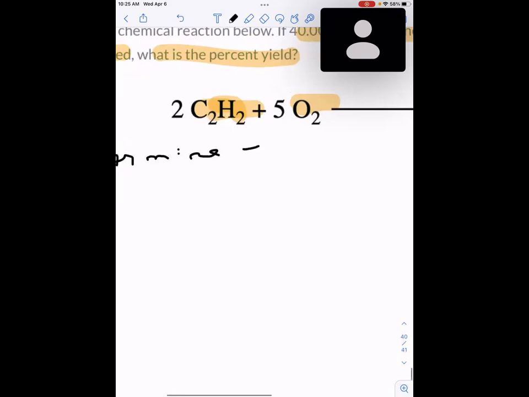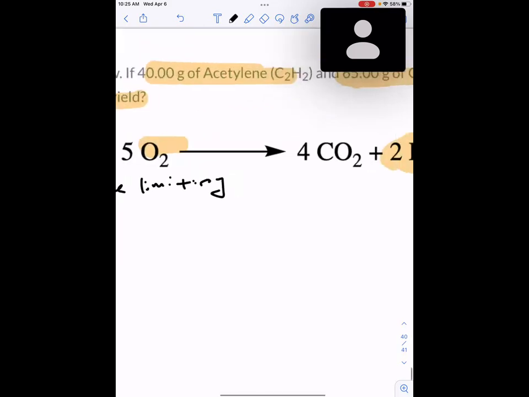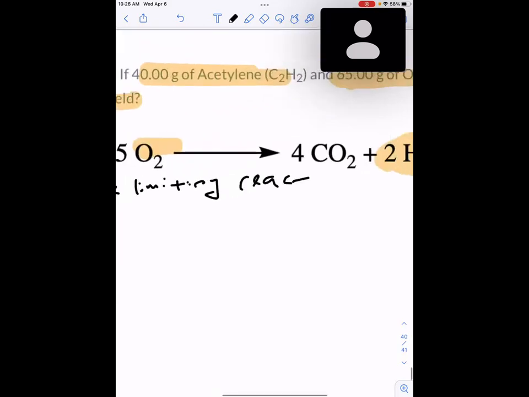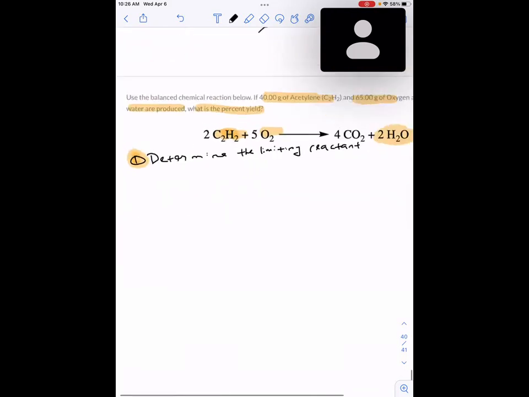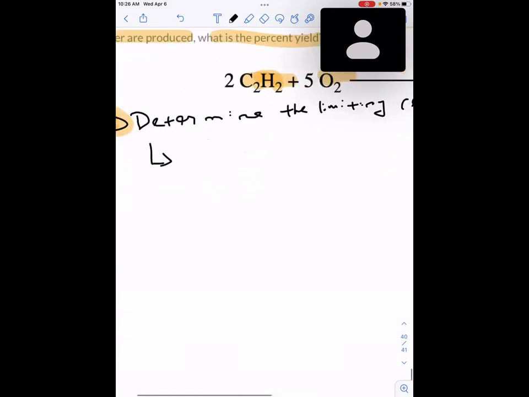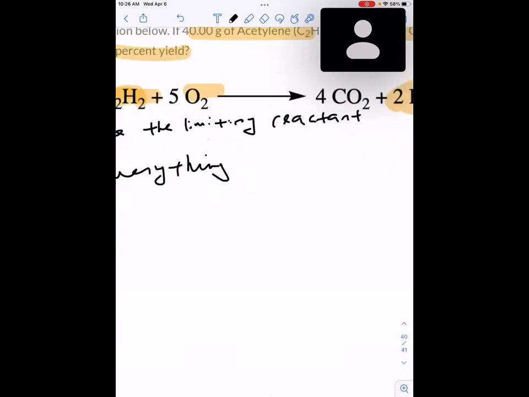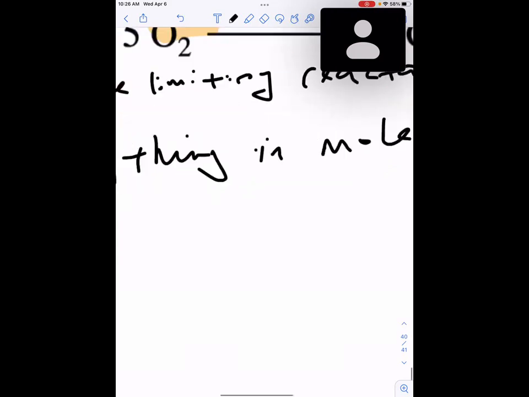So let's determine the limiting reactant. So we're going to figure that part out first. So first we need everything in moles. Right, we need everything in moles.